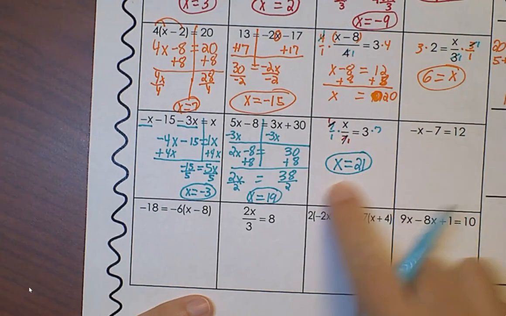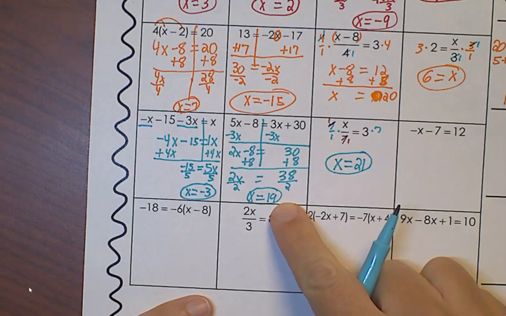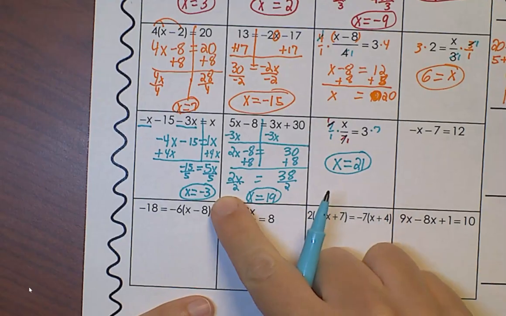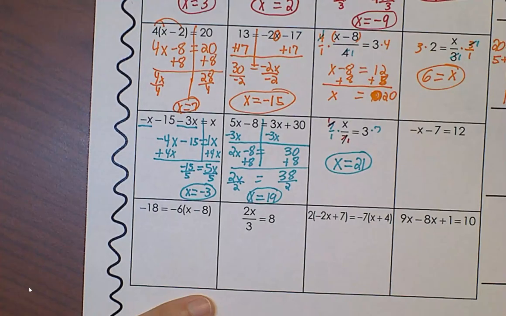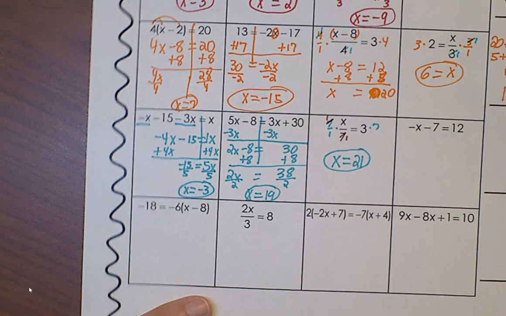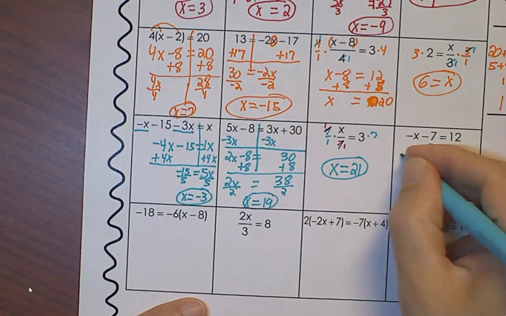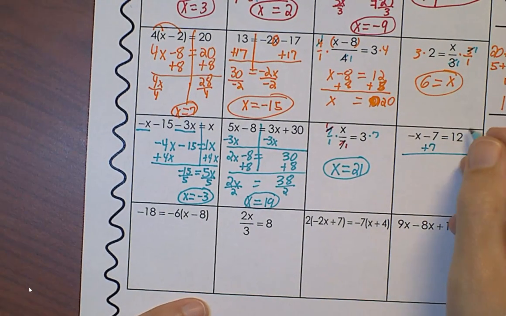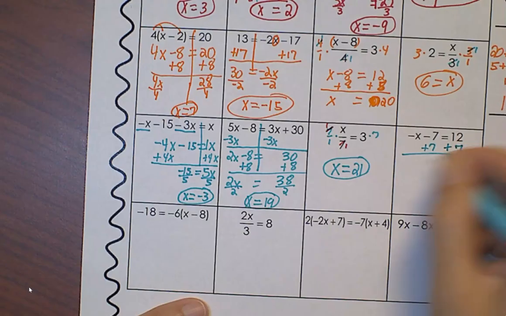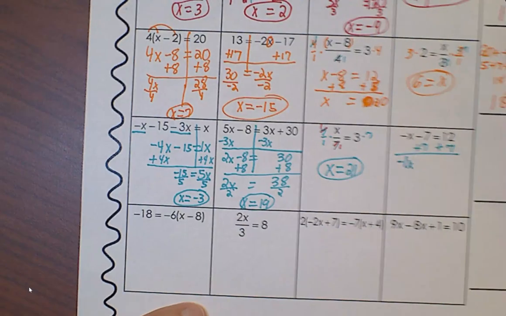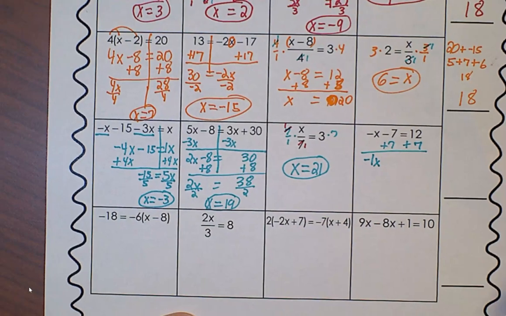See, if I add those two, I get 40 minus 3 is 37. That means how many negative x's are there? Well, there's 1 negative x.